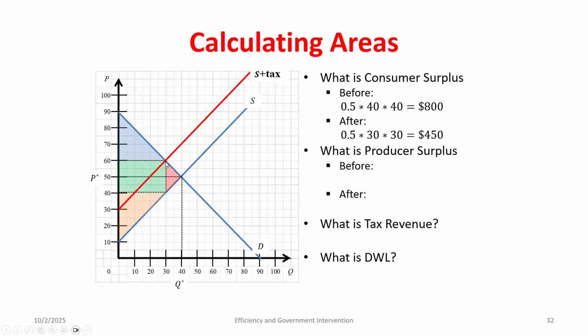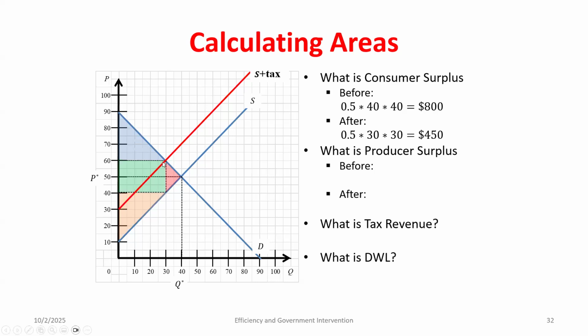Now, when they paid 60, what's the value of the tax in this example? It should be the vertical difference between my old supply curve and my supply curve plus the tax. So the vertical difference between them is the value of the tax. My tax here was $20.